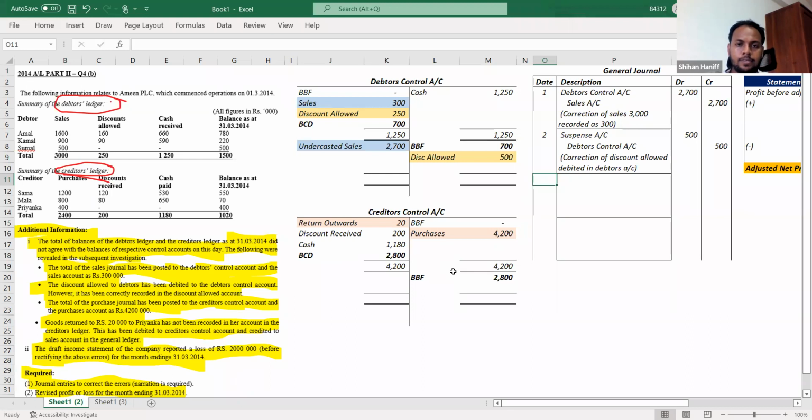So 1,800, there is an excess in this purchases. So we have to debit 1,800 as purchases. So that is how we correct this.